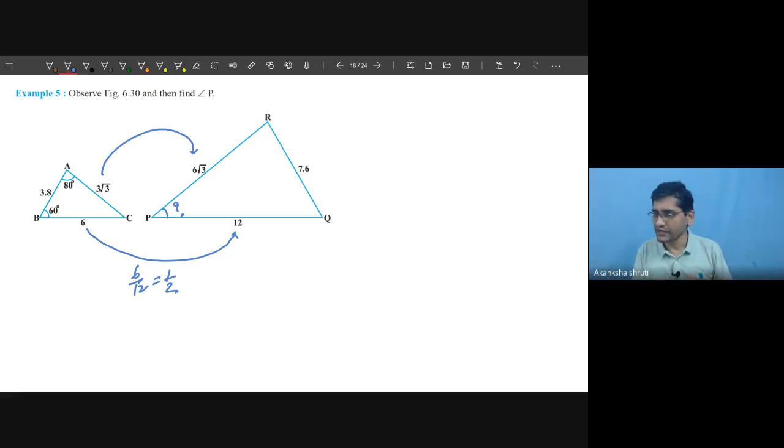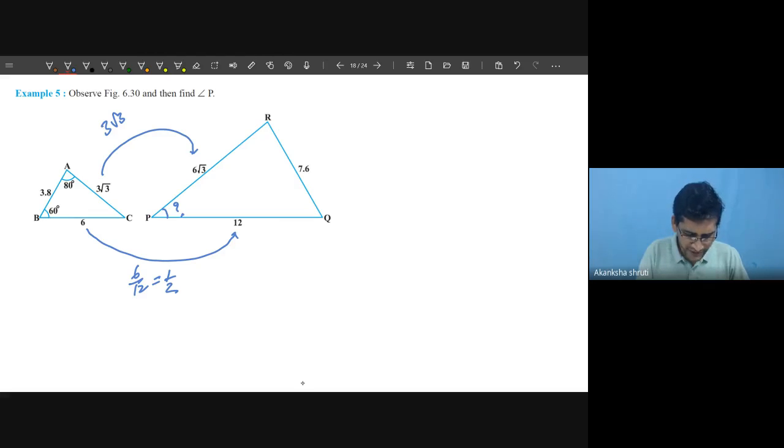So you keep one as it is and try the other with the other two sides. Okay, that is the way. Here we are getting 3 root 3 in the numerator. Why 3 root 3 in the numerator? Because while taking the ratio, I have taken the smaller side in the numerator. So it was 6, and the bigger in the denominator. So that's why we were getting 1/2.